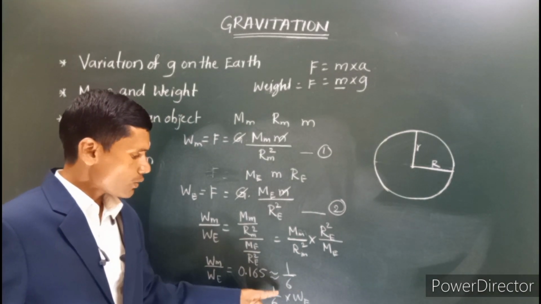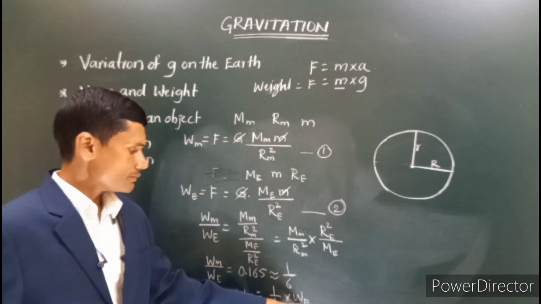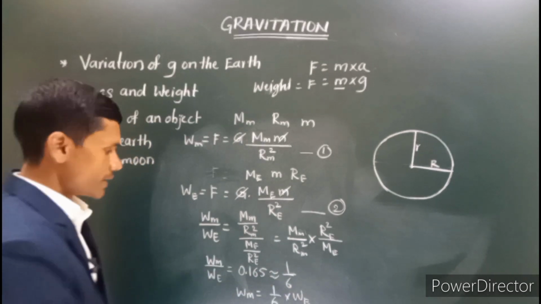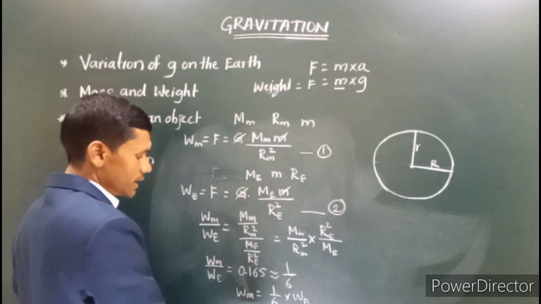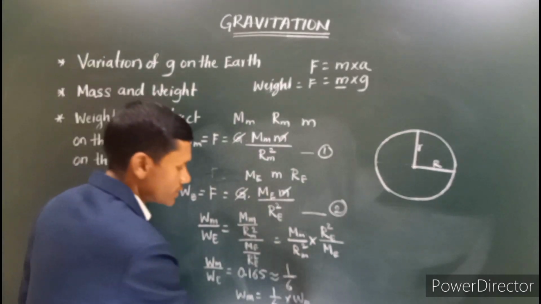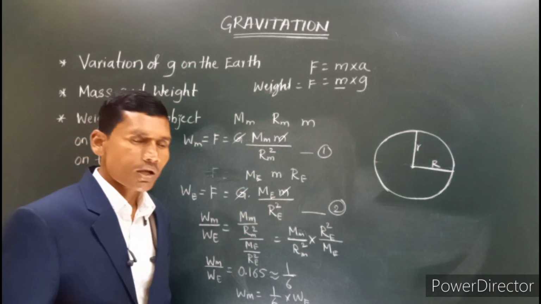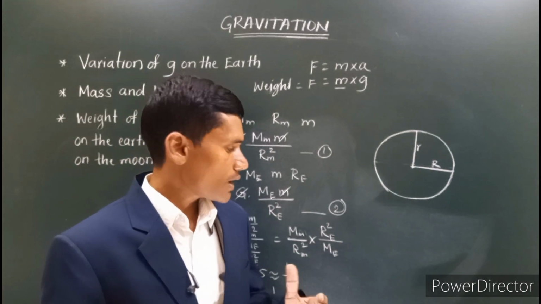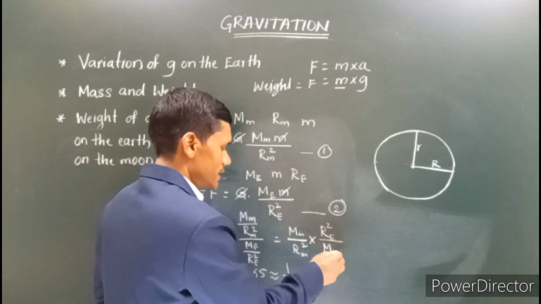You have to multiply 1/6 with the weight of the object on the earth, or otherwise take the object's weight and divide it by 6, and you will get its weight on the moon. This is the relation between the weight of the object on the moon and on the earth. If you follow this, the further calculations can be done easily.